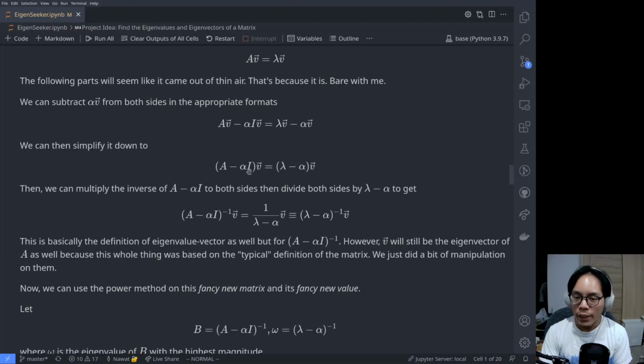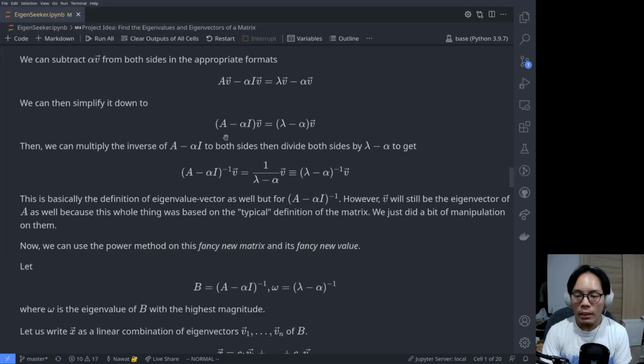Then we can simplify it down to this expression. And once we do this, we can cross multiply, or basically multiply the inverse of both terms to both sides, and you're going to end up with this expression where these two are the same thing.